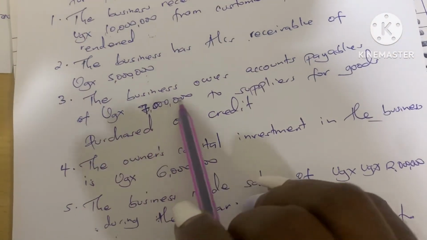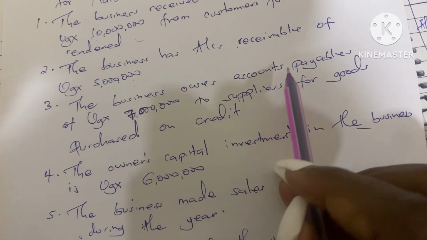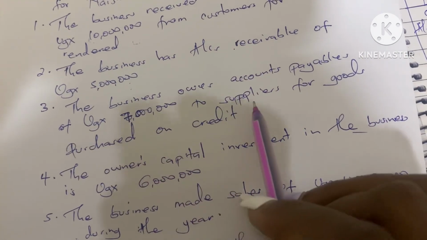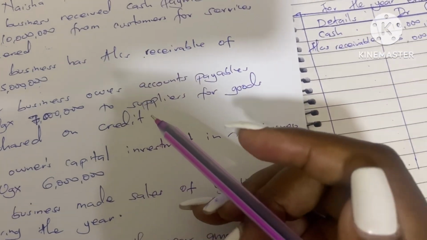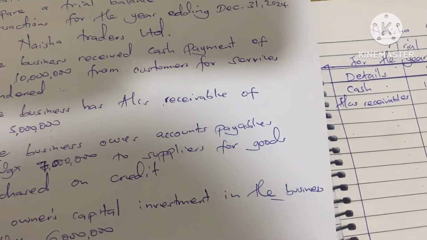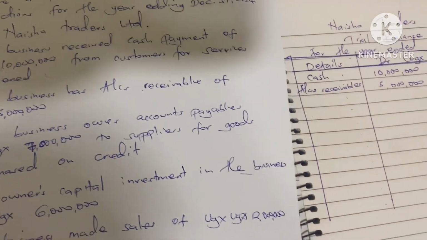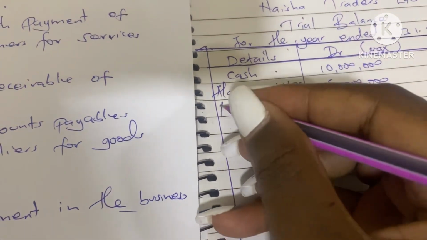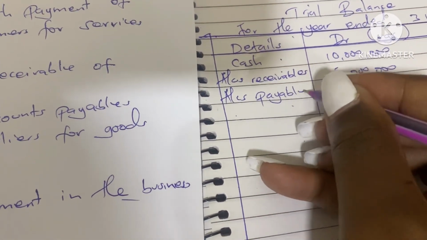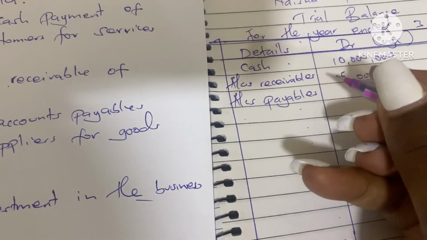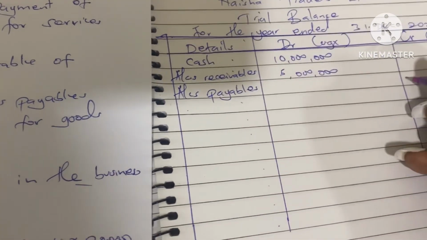Then the business owes accounts payables of 7 million to suppliers for goods purchased on credit. So accounts payables are current liabilities, so we credit it. So we write accounts payables, it is of 7 million.